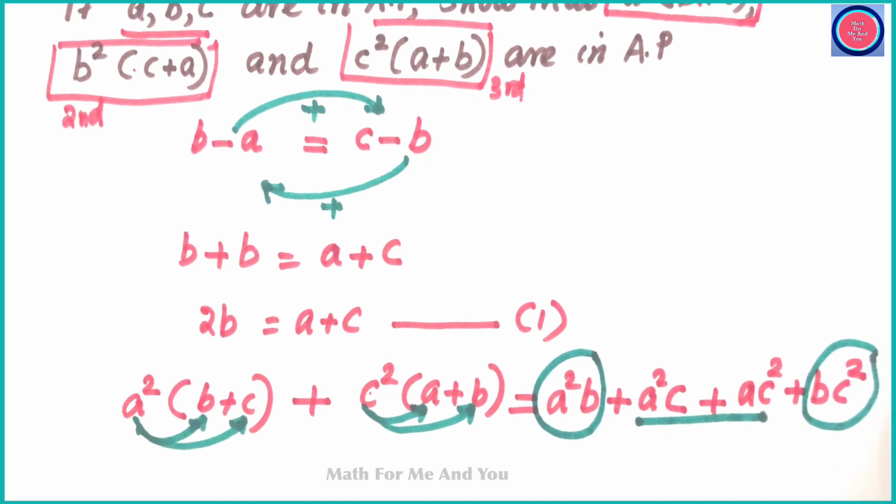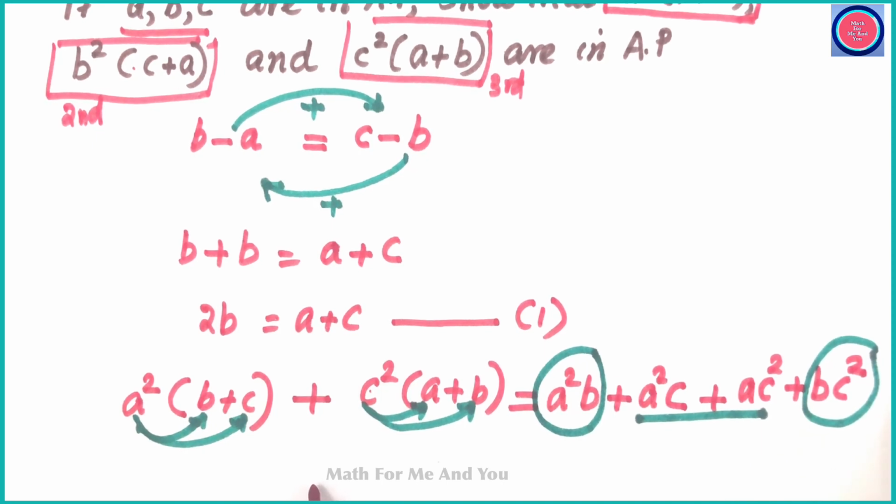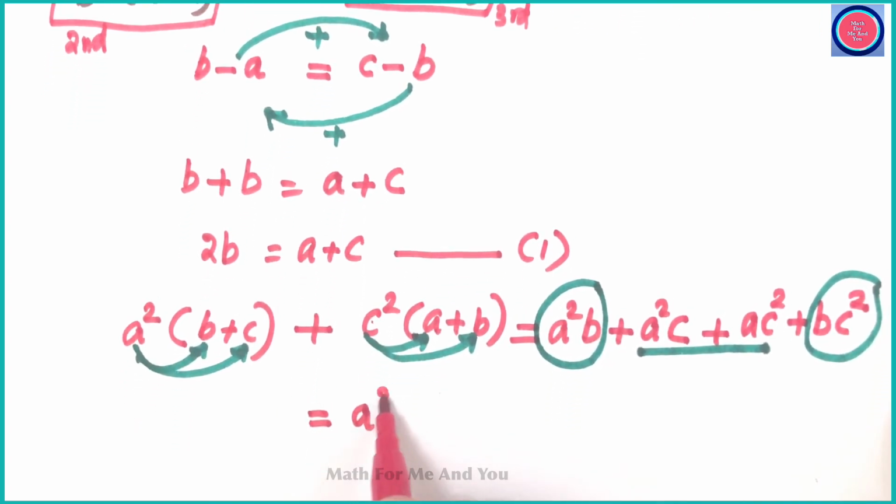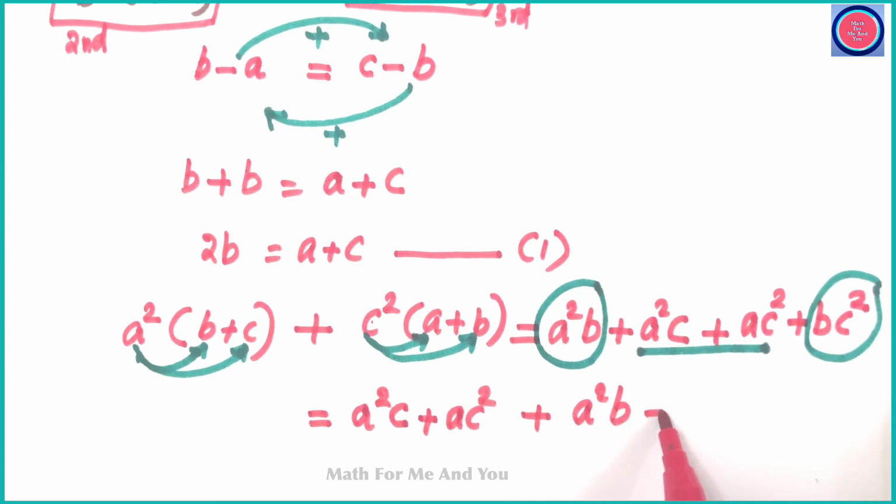So the next step, we will write the second term and third term together: a square c plus ac square. This is only rearranging. And now we are writing the first term and last term together: a square b plus bc square.